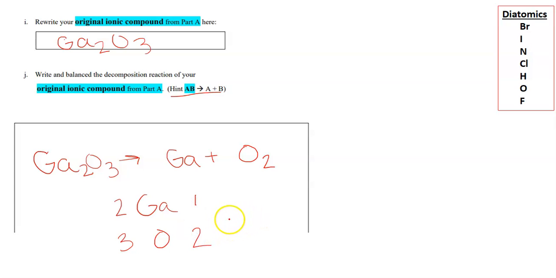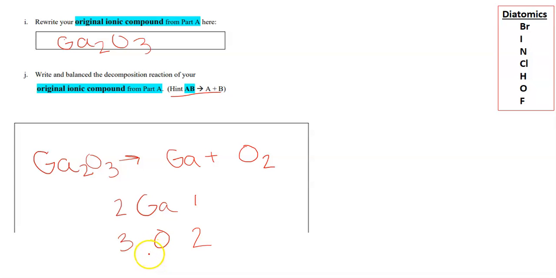I'm going to do the oxygens first, just from experience, but really you can do these in any order. So 3 and 2, there's no whole number I can multiply this right side by to equal 3. So I have to figure out what is a number that both 2 and 3 can equal so that we can get these to balance.